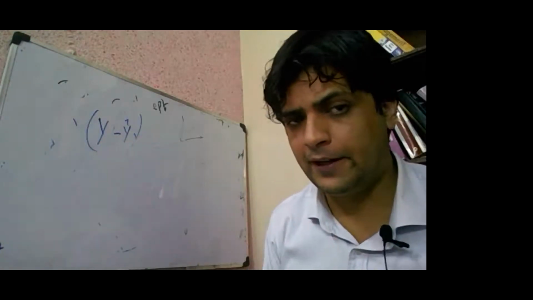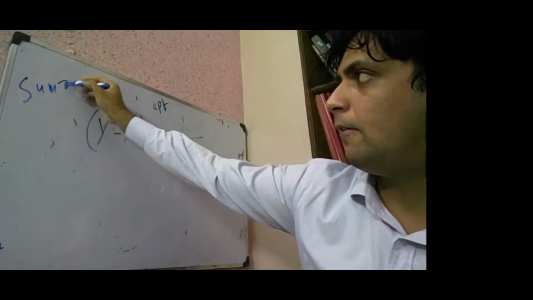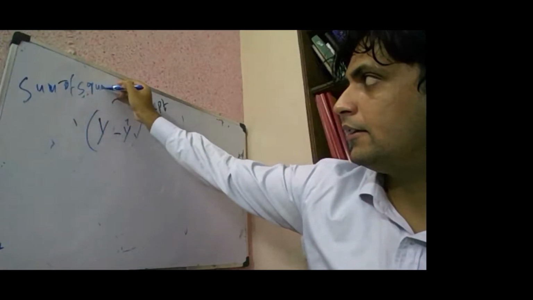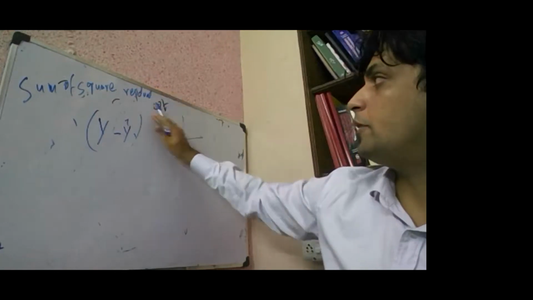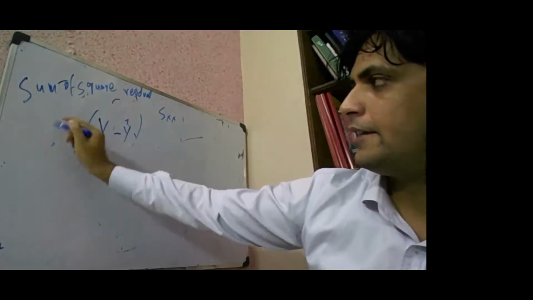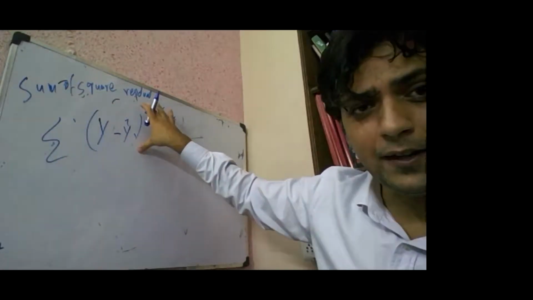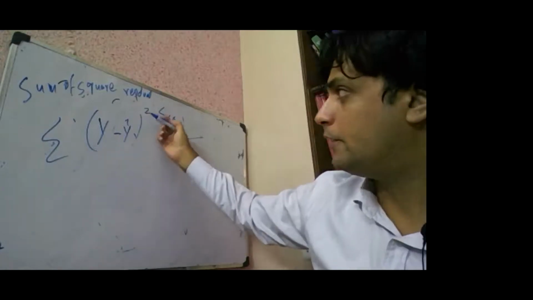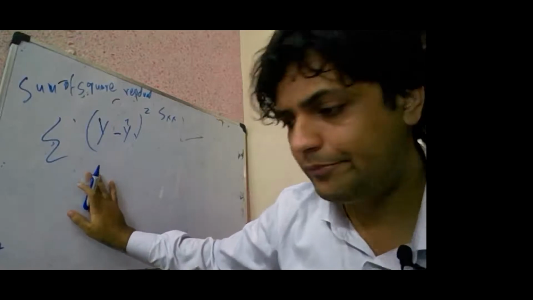And if we talk about the sum of squared residuals, which we also denote with SXX, can we write it in this form? We take the square and here we take the residuals. We can do that, right?